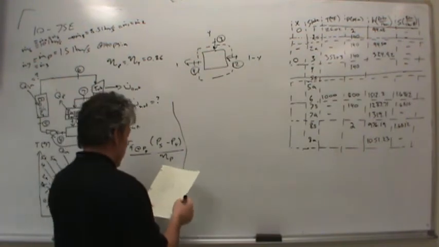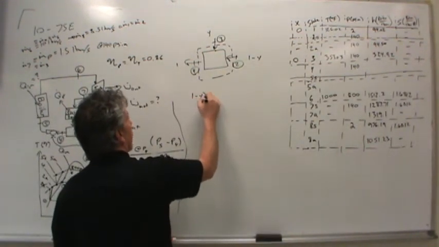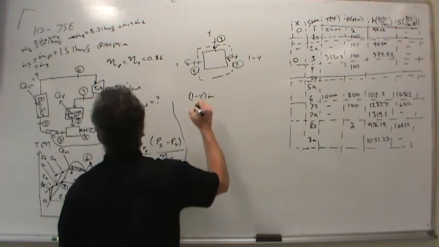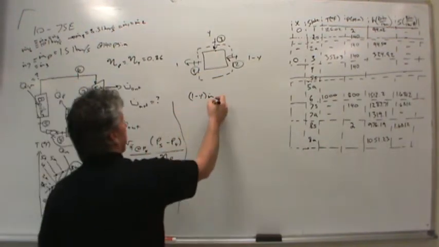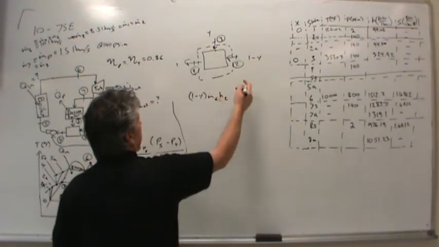If I were to write this in terms of an energy balance, what I would write is that 1 minus y times the mass flow rate through the boiler, let's just call that m6, multiplied by the enthalpy carried in stream 2.